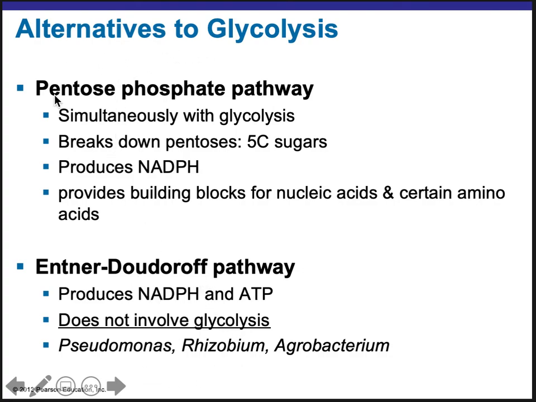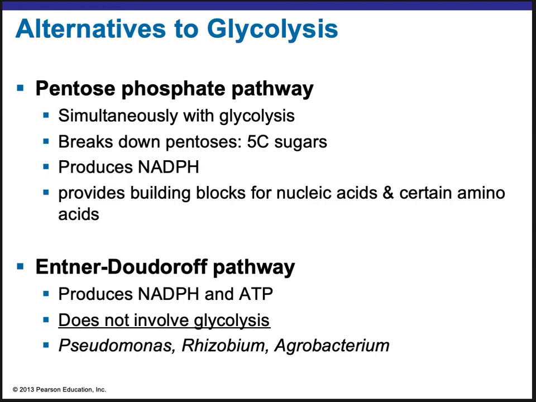All right, so the pentose phosphate pathway is more important. This is happening simultaneously as you're carrying out glycolysis and getting energy from glucose that way. You also need to be able to have pentose sugars. These are 5-carbon sugars. These are the types of sugars that you find in your DNA, right?